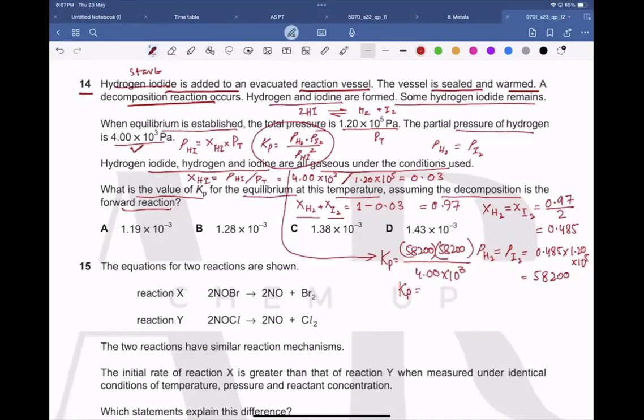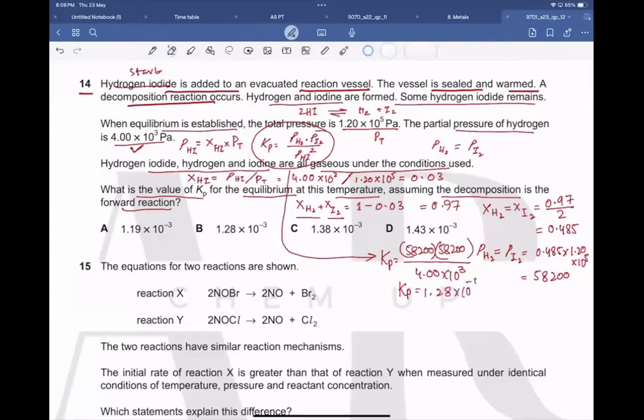Yes, can anyone calculate the answer, please? On calculating, you are going to get 1.28 × 10^3.